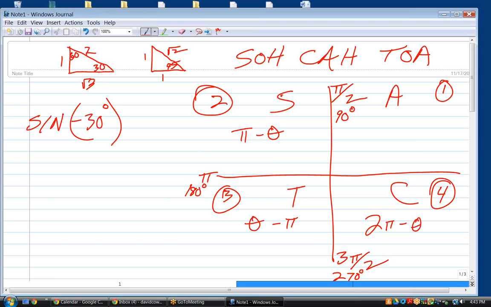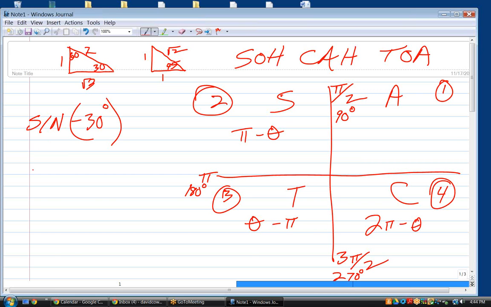Now, you may not have had much in the way of negative angles yet, but you'll be getting it in the IB program for sure. So it's not going to hurt to talk about them if you want. Is it quadrant 4? It is, but there's something else about negative angles that's worth knowing.